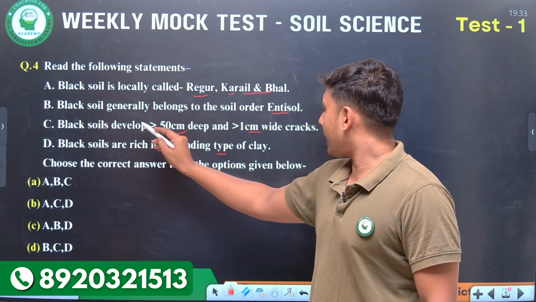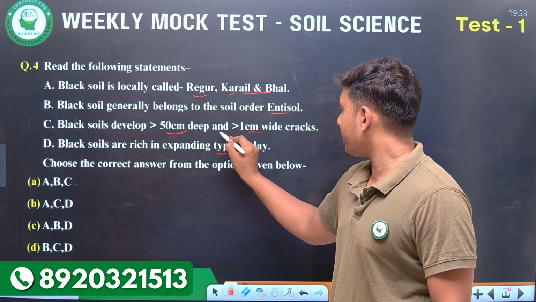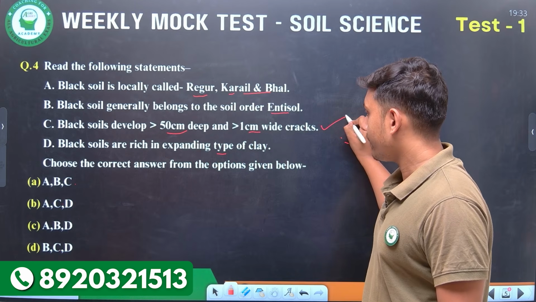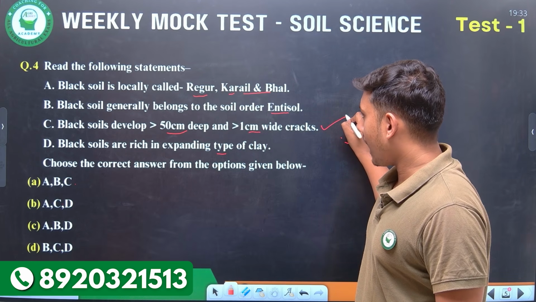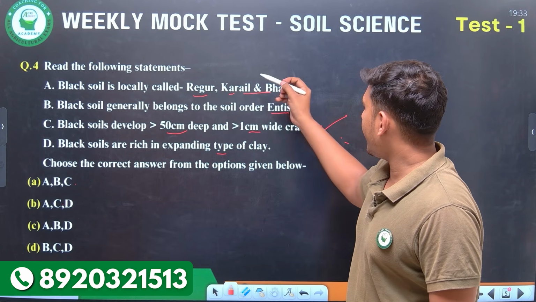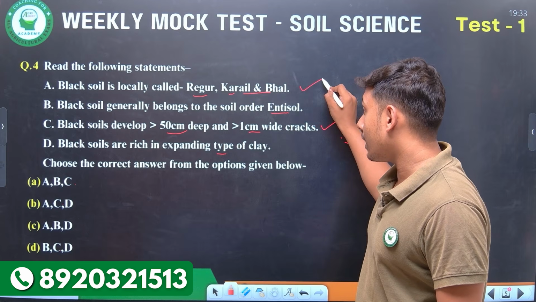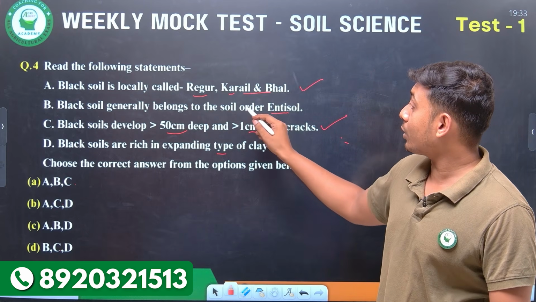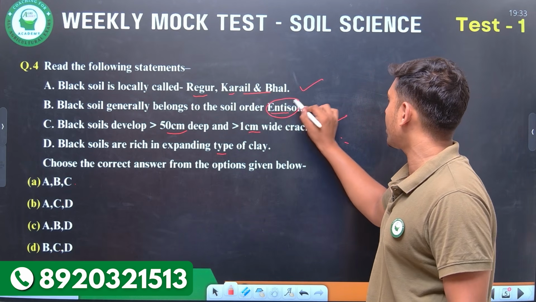Black soil develops more than 50 cm deep and 1 cm wide cracks, this is right. Now judge the other ones. A, Regur Karyl Val, is also right. But black soil generally belongs to the soil order Entisol, this is wrong.